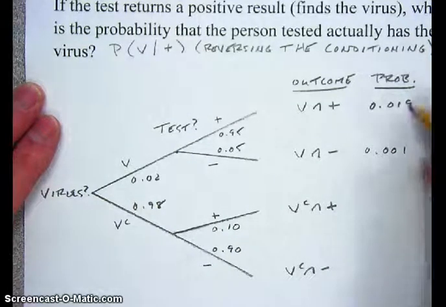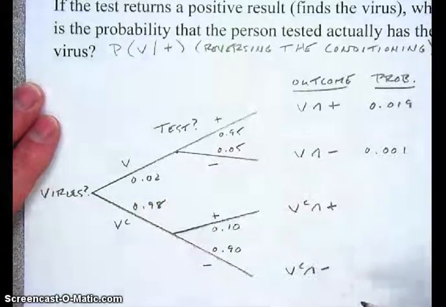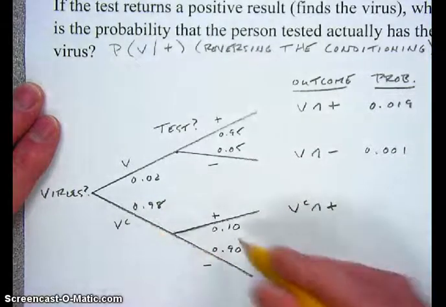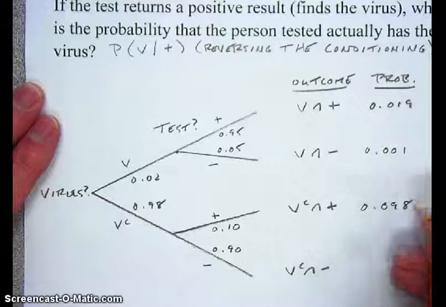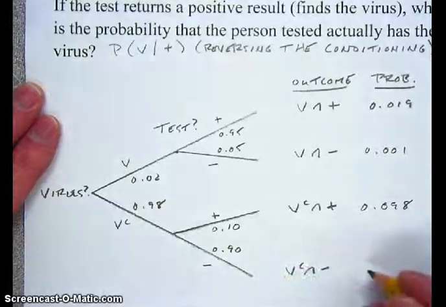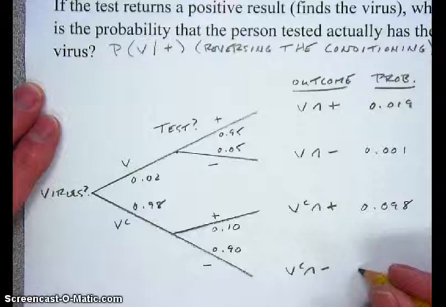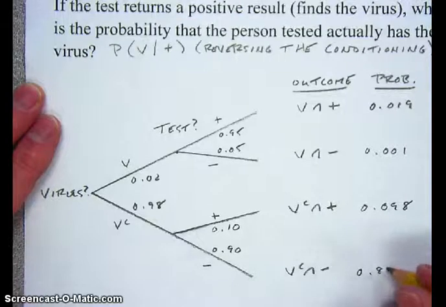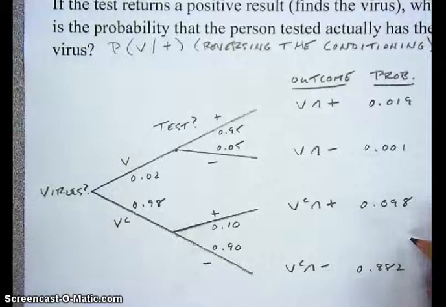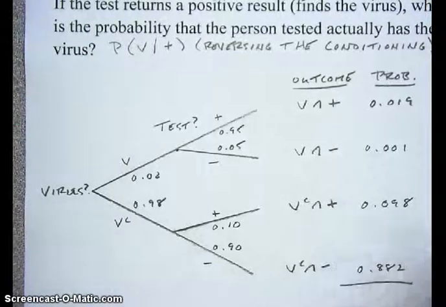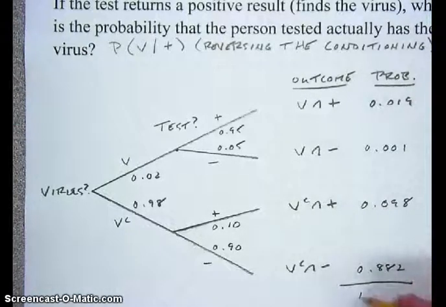Notice these two probabilities add up to 0.02. 0.98 times 0.1 is 0.098, and then 0.98 times 0.9 is 0.882, and these two probabilities add up to 0.98, and the whole list of probabilities adds up to 1, as it should, and we're all set.